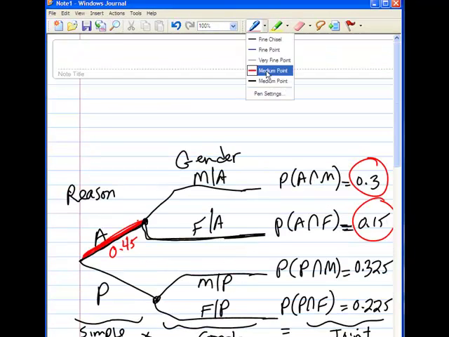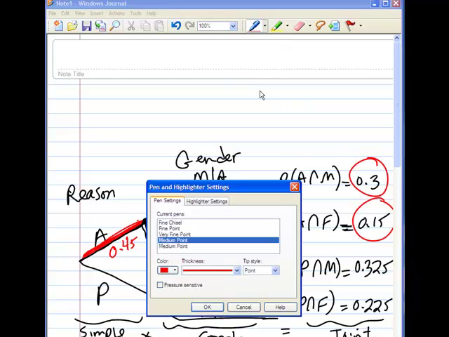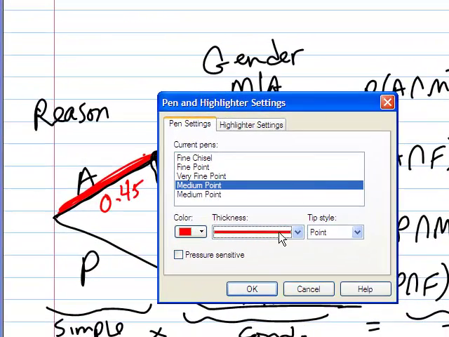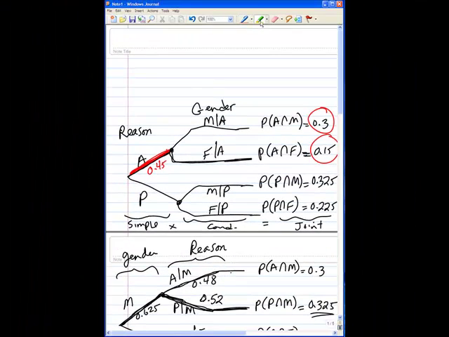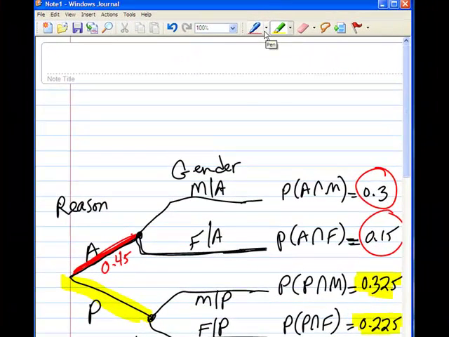And then let me change colors here. I'll just highlight. And these two will have to add up to this one. So the summation of those two will be 0.55, and I'll highlight that.